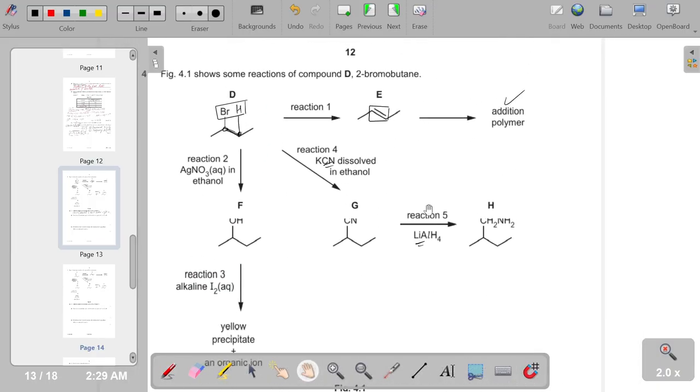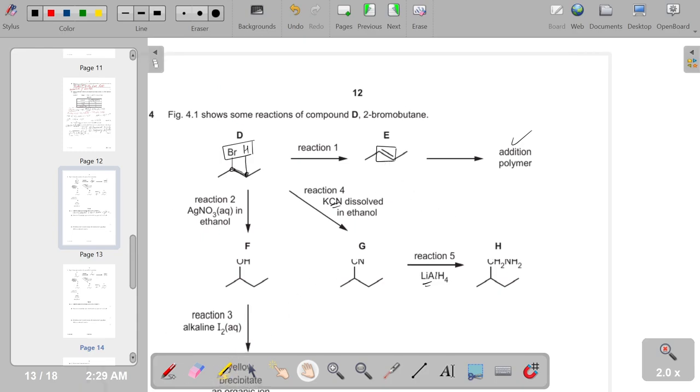Okay, so the next question is, draw the structure of one repeat unit of the addition polymer that forms from E. It is CH3. You can see it here, CH3. This carbon is making a double bond with this carbon, and further it is CH3. Here we have this hydrogen, and here we have this hydrogen. When writing the structure of the polymer, we need to remove this double bond.